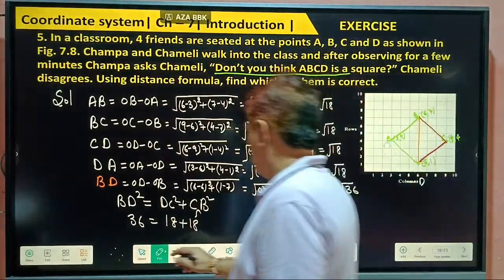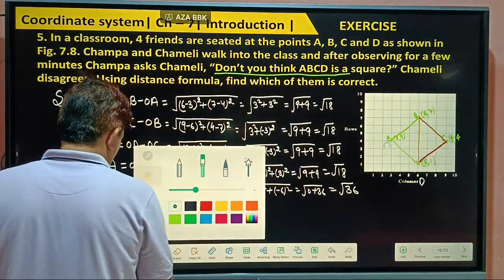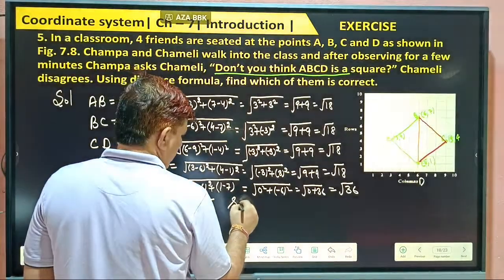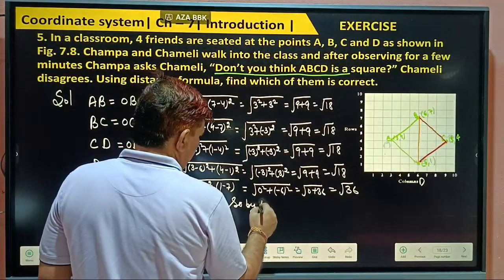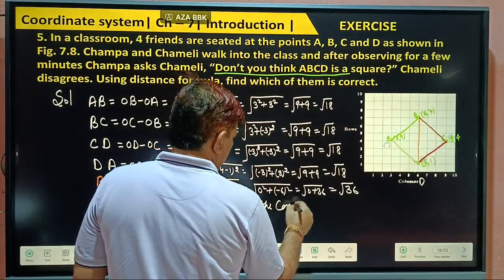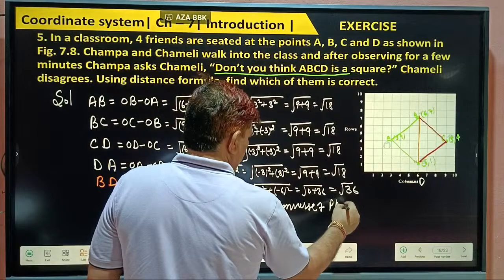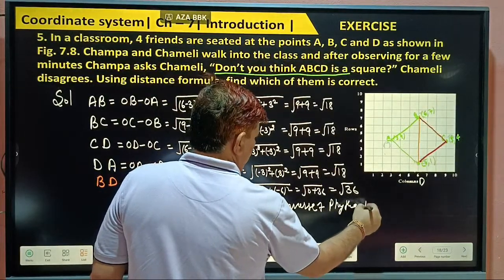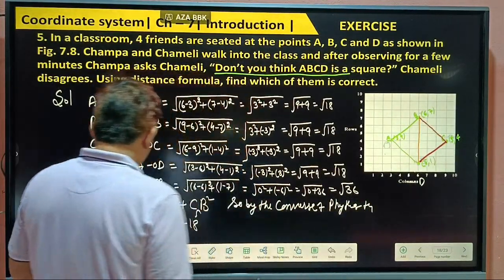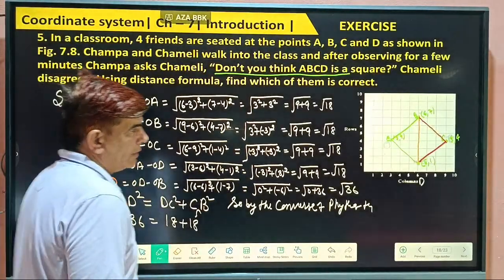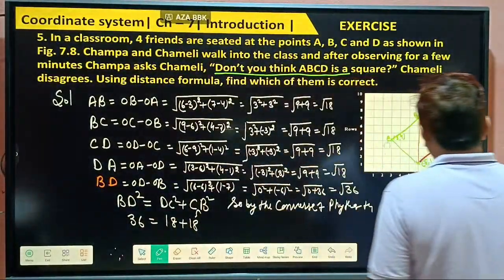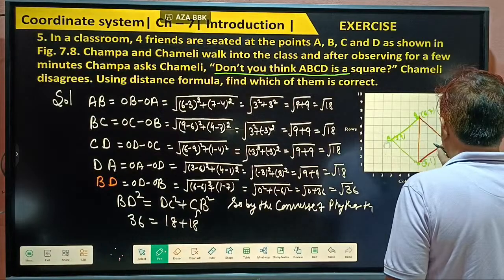So what can we say? By the converse of Pythagoras theorem, opposite to this side is a right angle. So opposite to this, it means this angle is how many degrees?